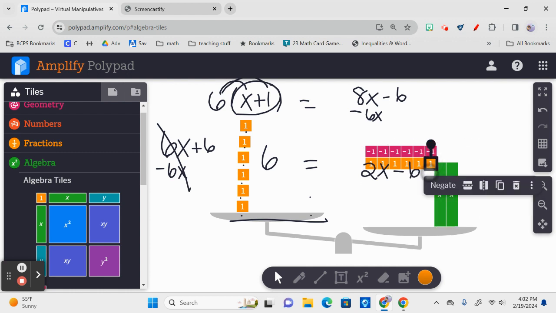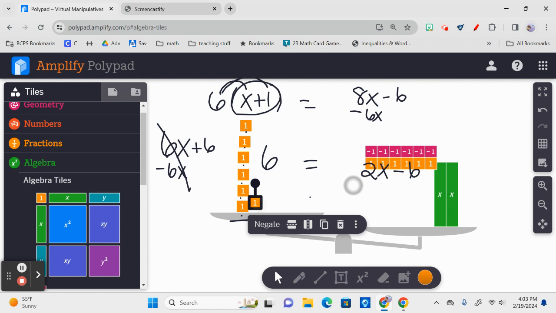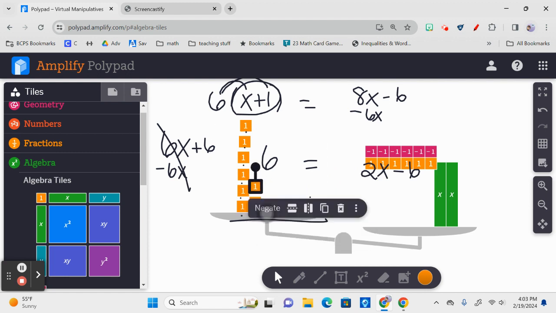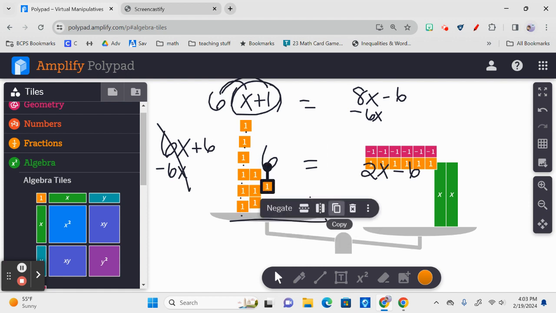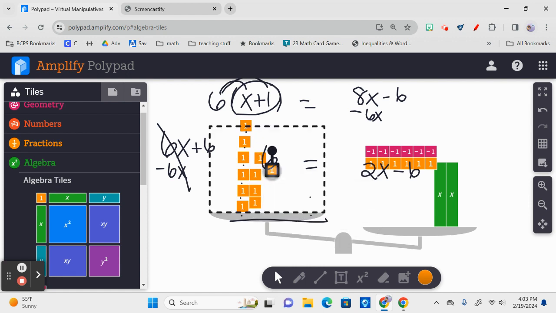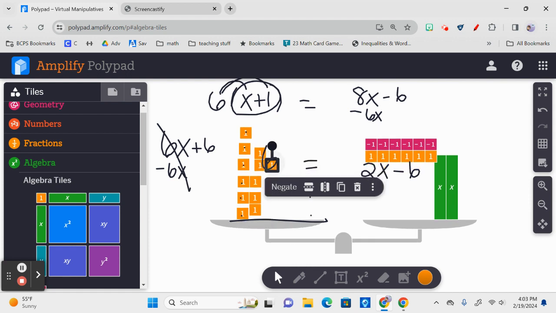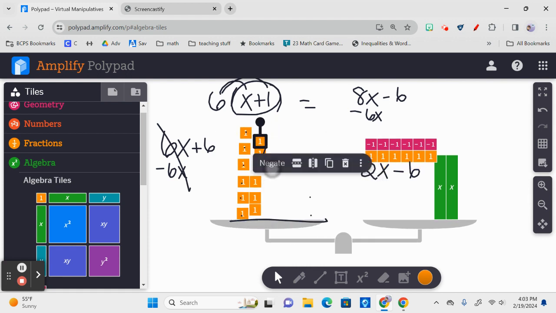And then I'm out of balance again. You can see my pan has tilted, so I got to add 6 to the other side as well. So you can see I'm back at balance.